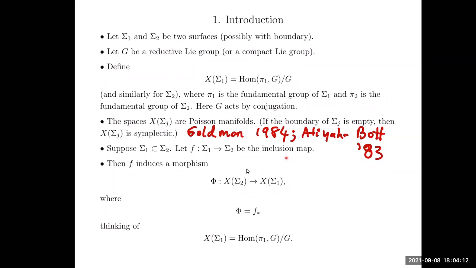So let's first assume that sigma 1 is included in sigma 2 and F is the inclusion map. Then that induces a morphism from the representation space X of sigma 2 to X of sigma 1, and that will be denoted phi.